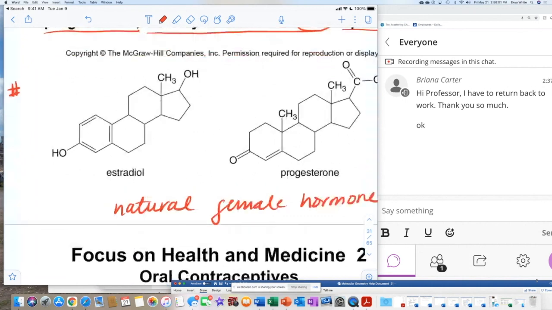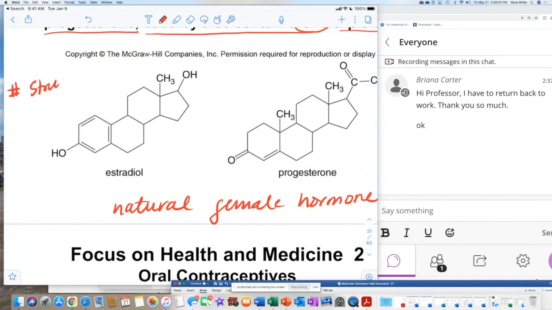Okay, so let's take a step back. There is an understanding that the structure of a molecule dictates its function. So we learn about the structure of the molecule because we're trying to figure out what the molecule is doing.